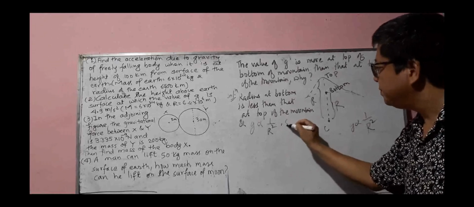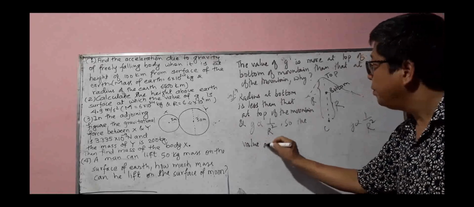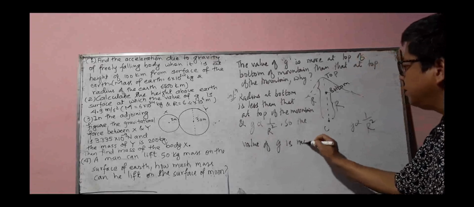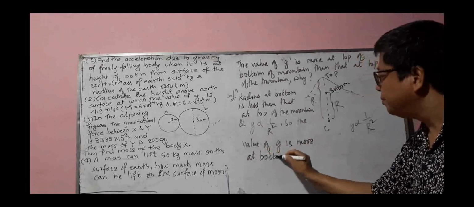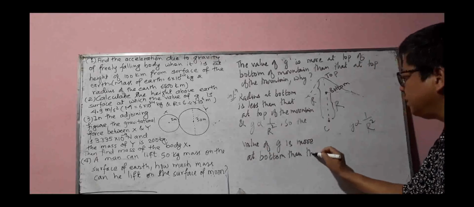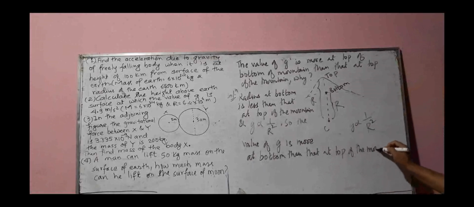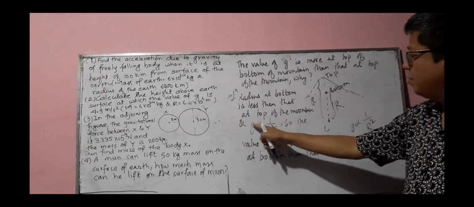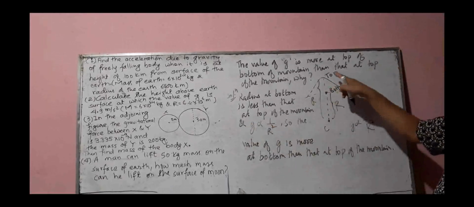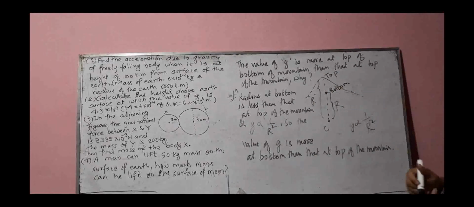So hence, the value of g is more at bottom than that at top of the mountain. So more R, less g, less R, more g. So in other words, the value of g is less at top than at the bottom.